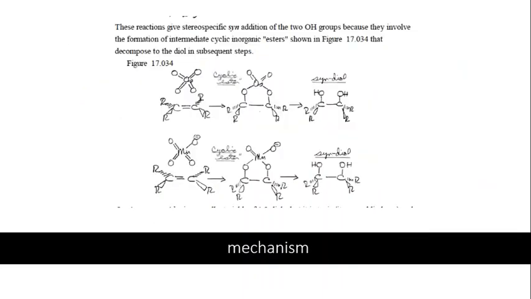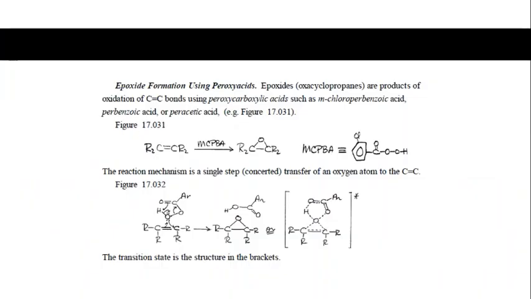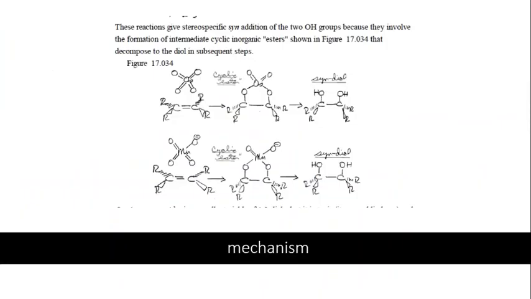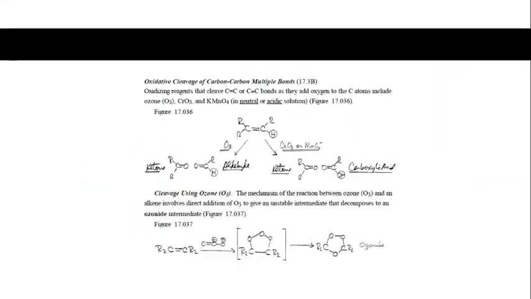So you can see that the same sort of mechanism is also there when we are using the manganese: the double bond attacks on the oxygen of the permanganate MnO4, pushing the electron pairs toward manganese, and the other electron pair is coming towards the other carbon, resulting in the cyclic intermediate.